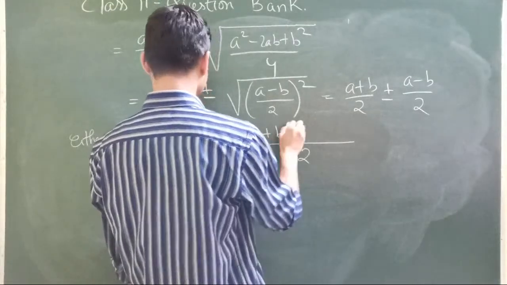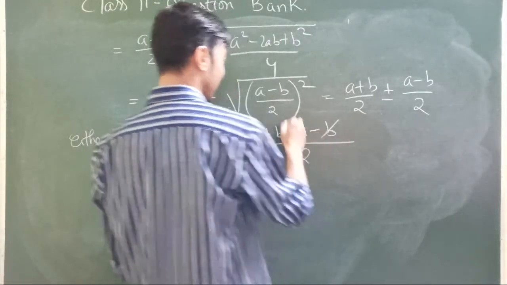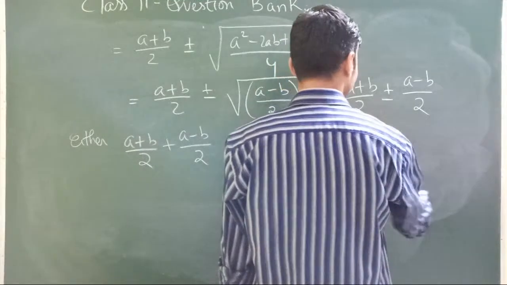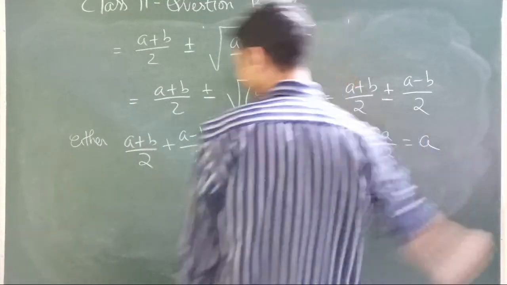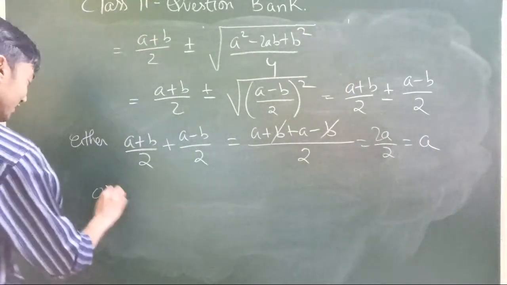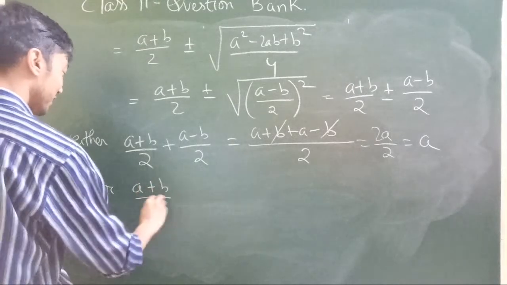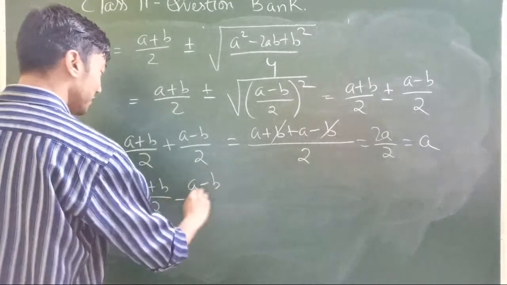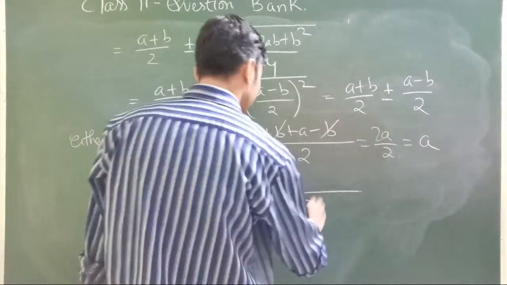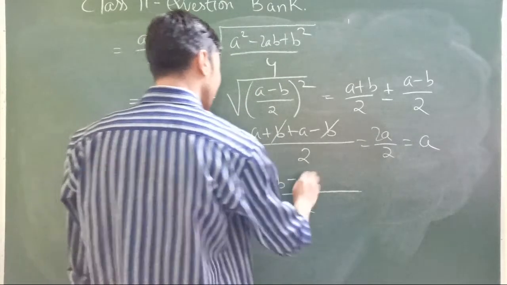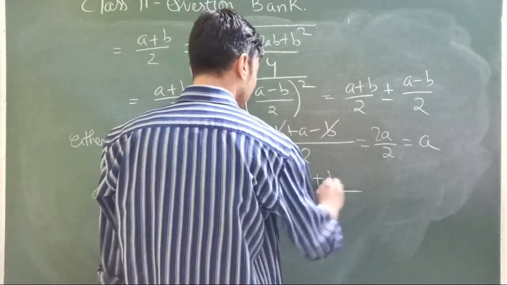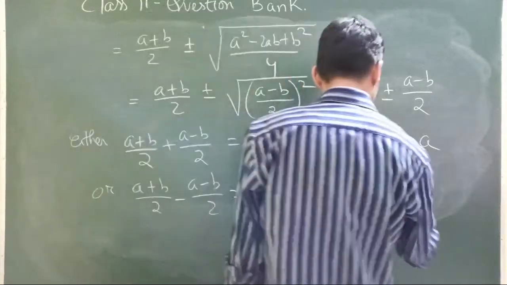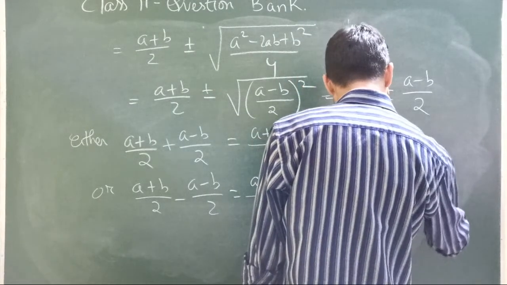a plus b plus a minus b, so cancelling, we have 2a by 2, which is equal to a. Or the other value, that is (a+b)/2 minus (a−b)/2, and that's a plus b minus a plus b, so we have 2b by 2, so we have b.